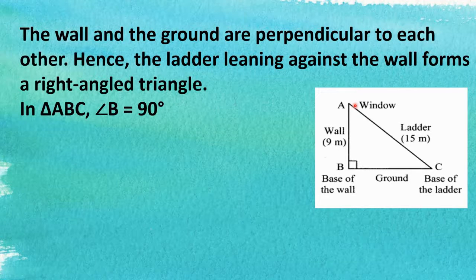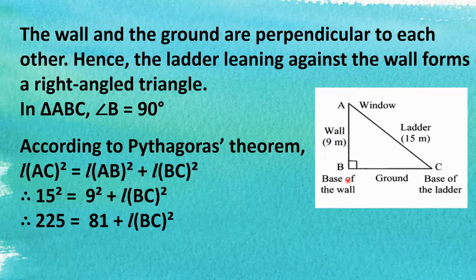So in triangle ABC, angle B is equal to 90 degree. According to the Pythagoras theorem, length of AC square is equal to length of AB square plus length of BC square. So AC is 15 meter, AB is 9 meter and BC we have to find out.